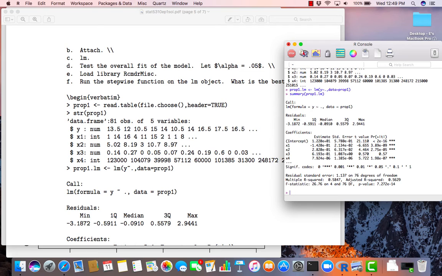So let's take a look at the overall fit of the model. We have 4 variables. So we're going to have H0: beta 1 equals beta 2 equals beta 3 equals beta 4 versus Ha: not all beta sub i equal 0.